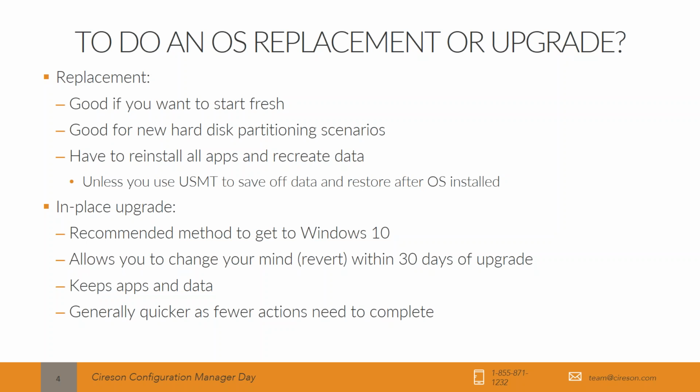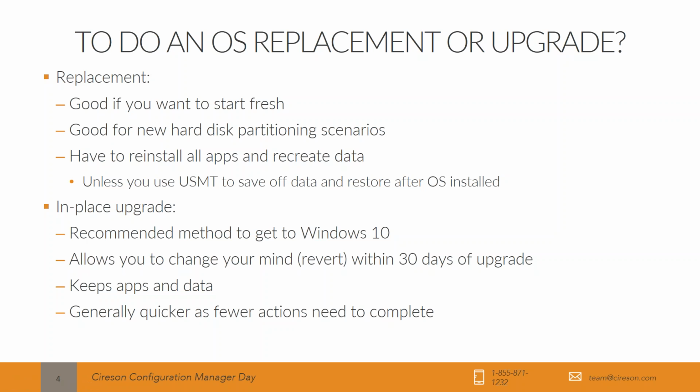So if you don't like the way things are installed right now, you have problems with it, you're not sure about your hard drive and its configuration or files and corruption and whatever, replacement is a good scenario. It's good for a new hard disk partitioning scenario. So if you want to go from BIOS to UEFI, or if you just want to go from one big flat partition to multiple different partitions, that's a good scenario as well.